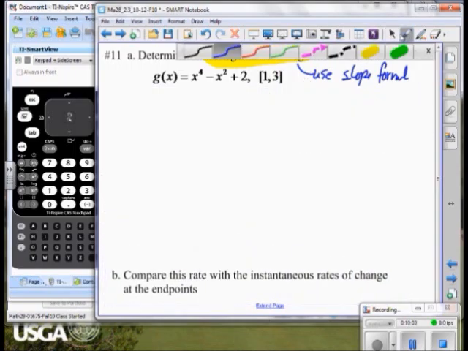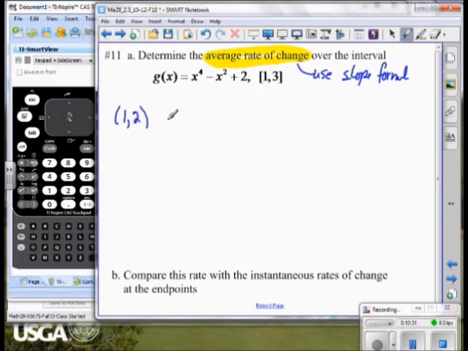Use the slope formula. Now, we need 2 points for slope. It says it's on the closed interval 1 to 3, so 1 point is where the input is 1 and the output is, well, if I put 1 in here, I get 1 minus 1 plus 2, so I have 2.